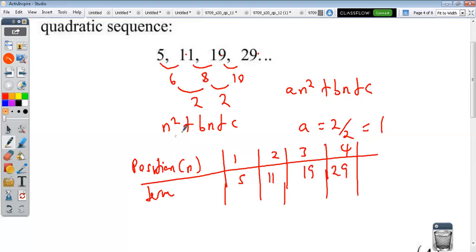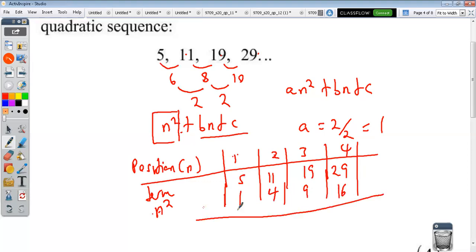Then I want to remove the n squared so that I find the arithmetic. So I do n squared like this. When n is equal to 1, 1 squared is 1. When n is 2, 2 squared is 4. When n is 3, 3 squared is 9. When n is 4, 4 squared is 16. Let's subtract. What do you get there?